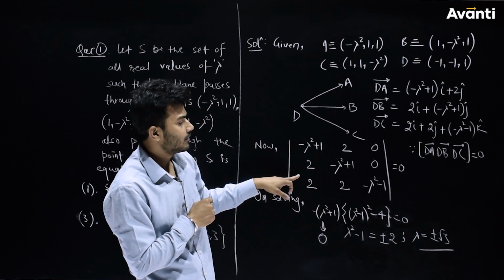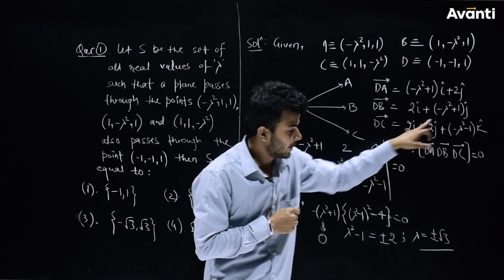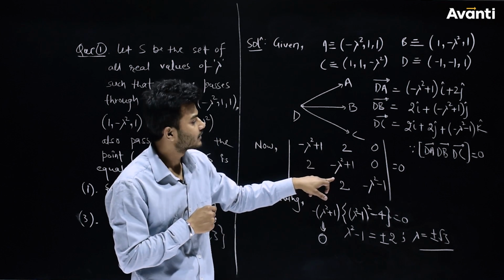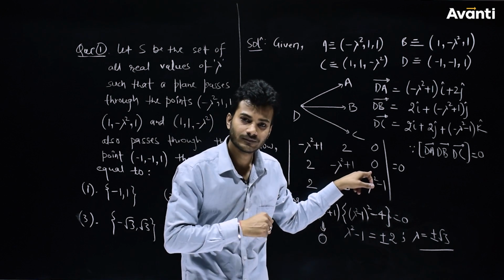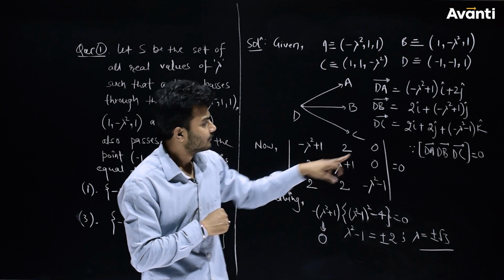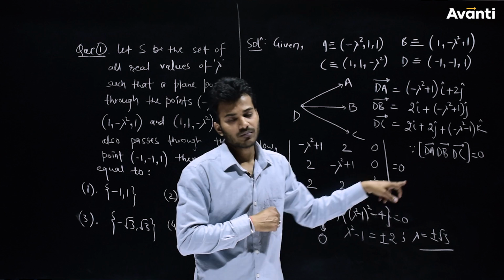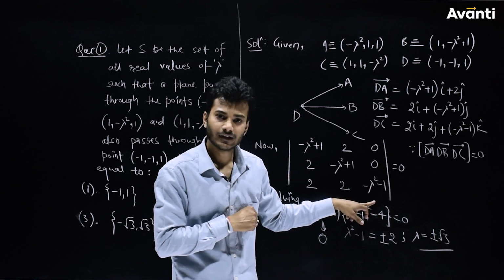Similarly, the dB vector is 2 i cap, which is 2. For j, we have minus (lambda square plus 1), and lastly again there is 0. Alright, the dC vector is 2 i cap, 2 j cap, and also minus (lambda square minus 1) k cap, isn't it?